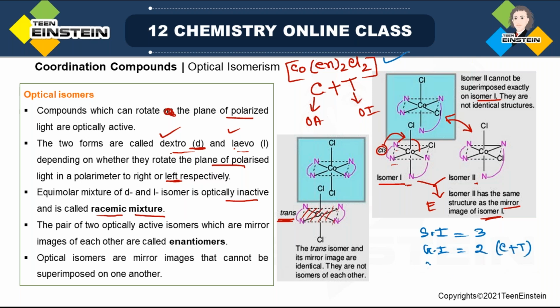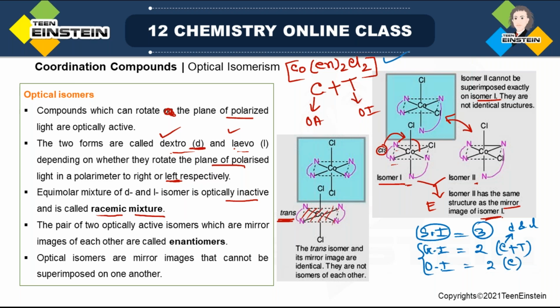If it is asked how many optical isomers are possible, it is basically 2, which is generated from cis. So geometrical isomers 2 are possible, but cis is giving you D and L, so ultimately it is 3. Because when we are considering stereoisomers, you have to consider both, because this is in the subcategory of stereoisomer.